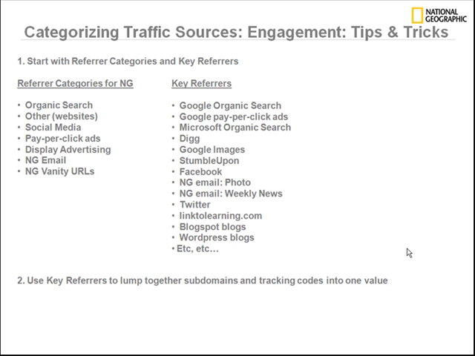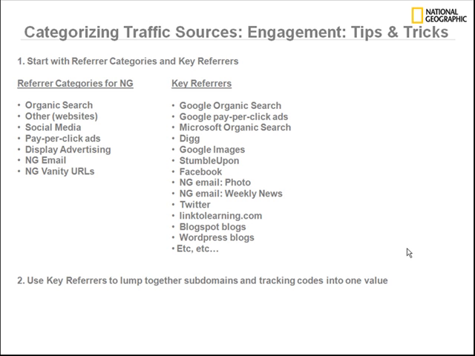And for you practitioners looking to categorize your sources of traffic like we're doing, I want to give you some quick tips just to get started. First, although you may be able to categorize your refers a dozen different ways or more, start out small, like I did earlier this year, with just a refer category for broad sources like organic search and social media, and then use a report called Key Refers for more granular reporting of individual sites like Digg and StumbleUpon.